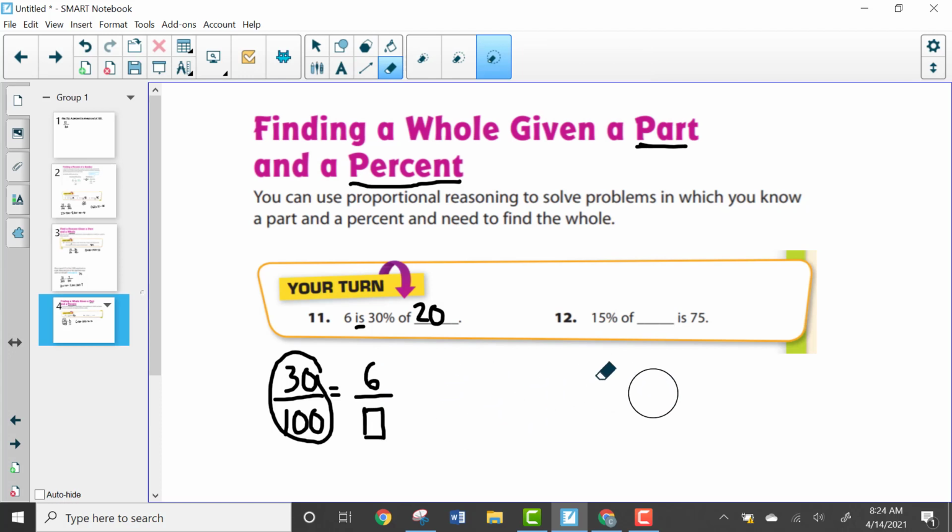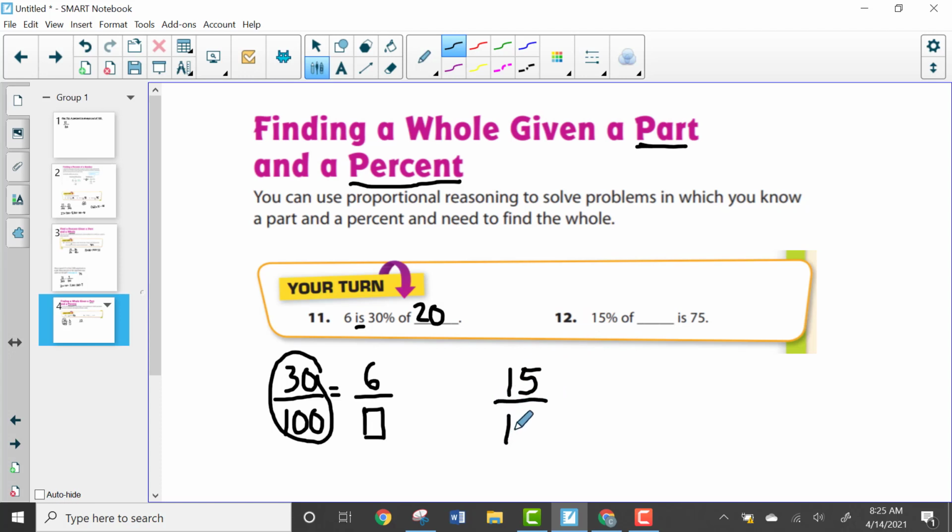Now let's take a look at number 12. Let's do this together. This says 15% of a certain number is 75. So what we're seeing here is 15 over 100, that's part of our proportion, is going to equal 75 over a certain number.